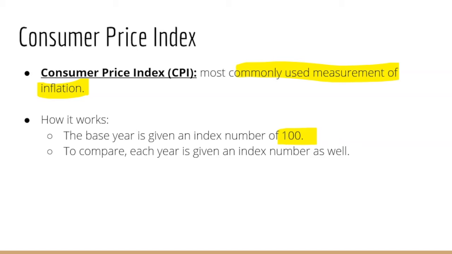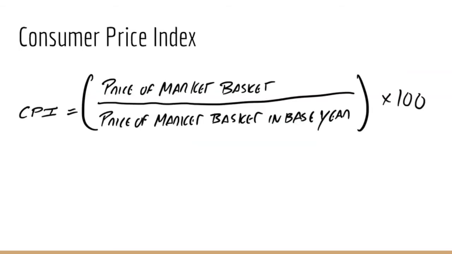And then to compare, each year before or after is going to be given an index number as well. And then after that, we just compare those two index numbers together. And so before we move on to an example of this, we first have to go over the equation to help calculate our consumer price index.